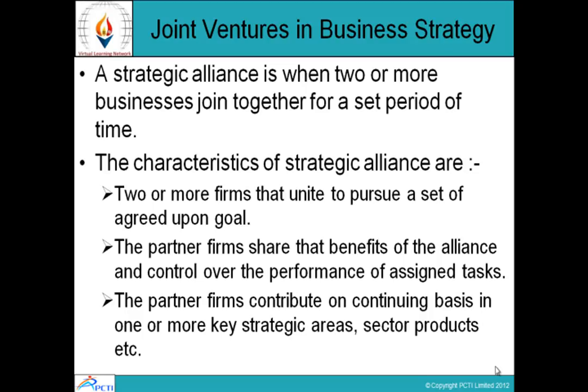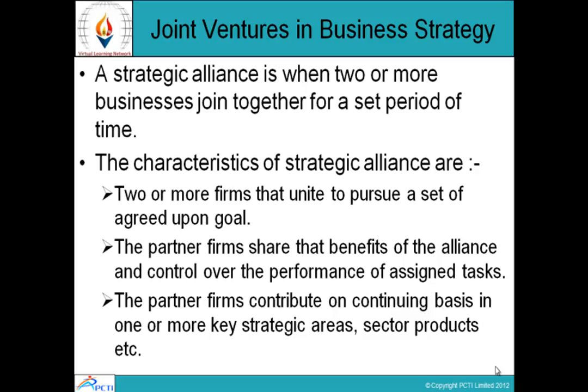Joint venture in business strategy. A strategic alliance is one where two or more businesses join together for a set period of time. So what are the characteristics of strategic alliances? There are two or more firms that unite together to pursue some agreed upon goals, right?